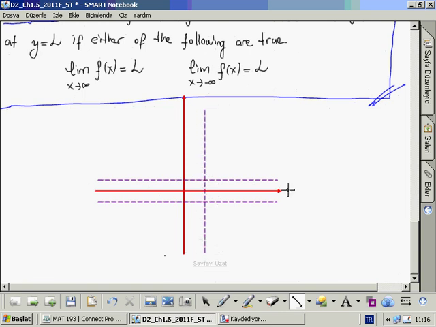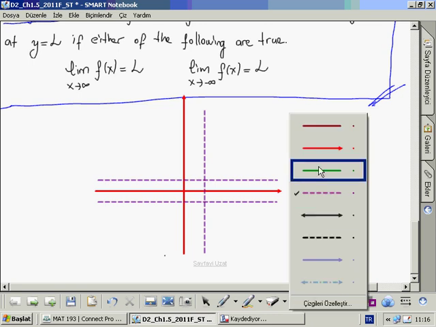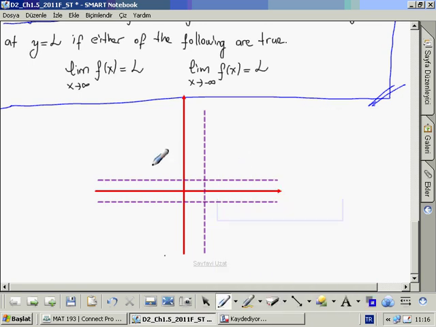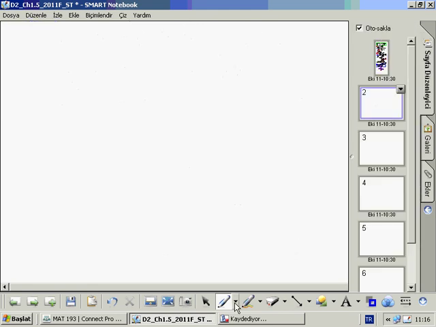And when you sketch it, you will obtain something like that. And this is our function's graph. Okay, and let's continue with another example.